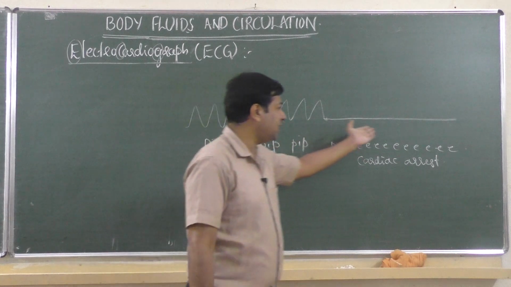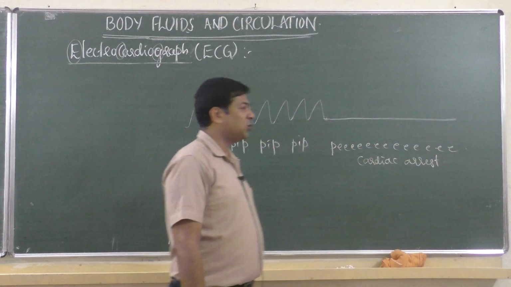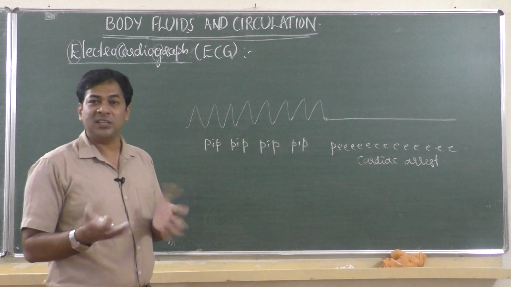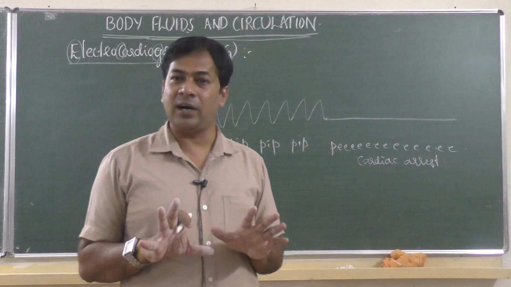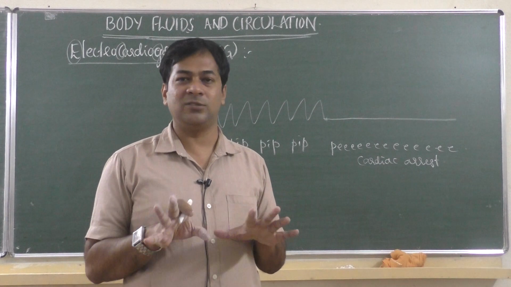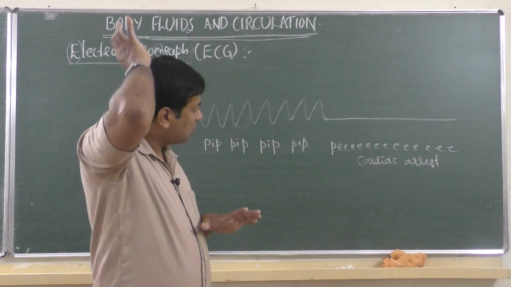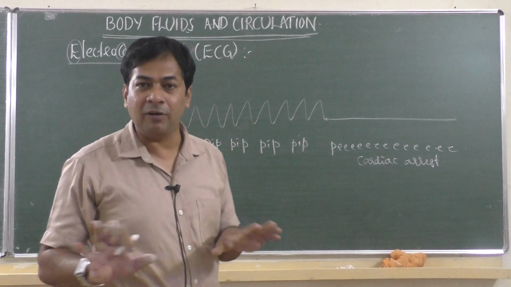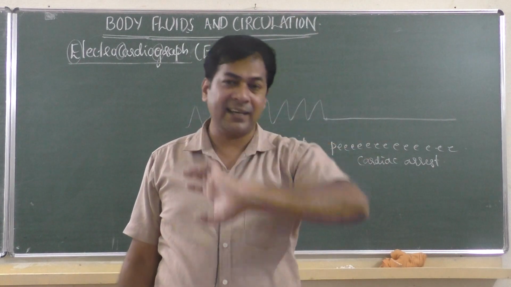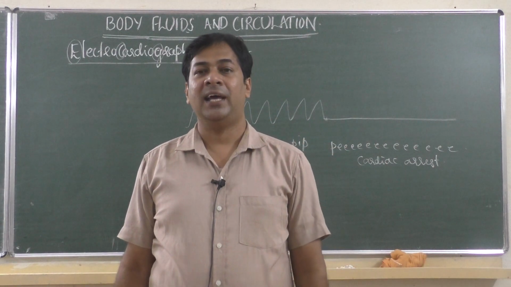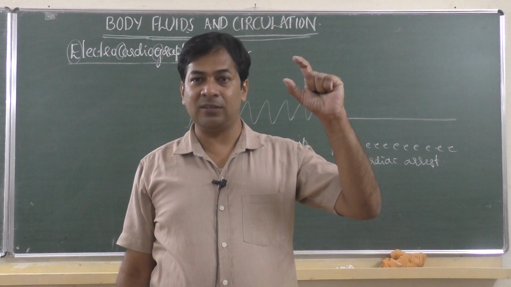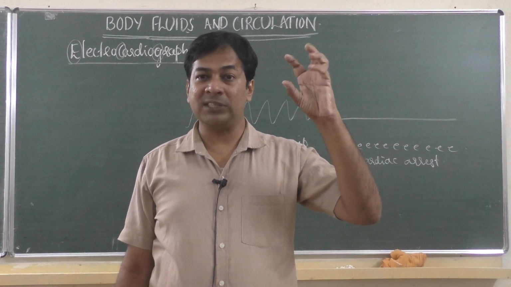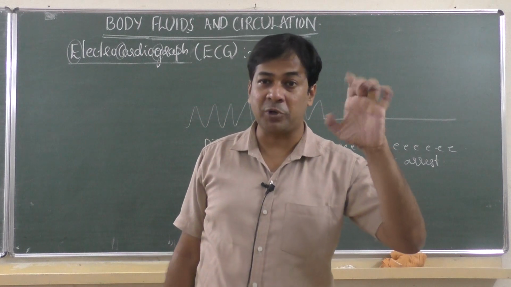If it shows flat, no peaks, that means no functioning of the heart. The heart is not working at all. It means no cardiac cycle is happening, the ventricle is not pumping blood, so no electrical activity of the heart. Why are we saying electrical activity of the heart? In the auricle, the SAN, the sinoatrial node, produces electrical signals, that is action potentials.